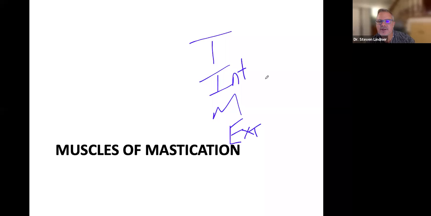But internal and external what? Internal pterygoid and external pterygoid.